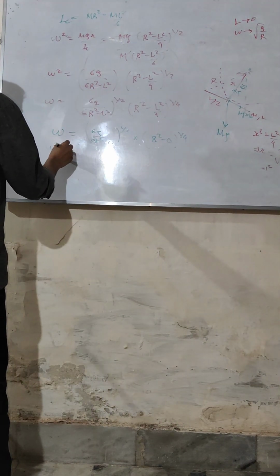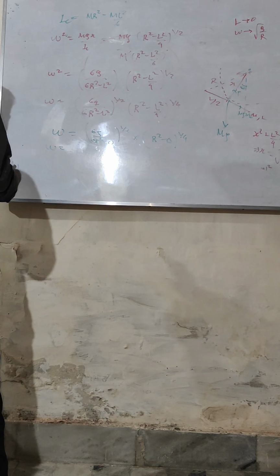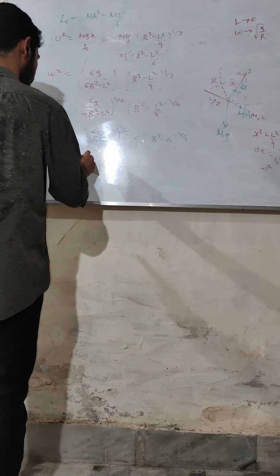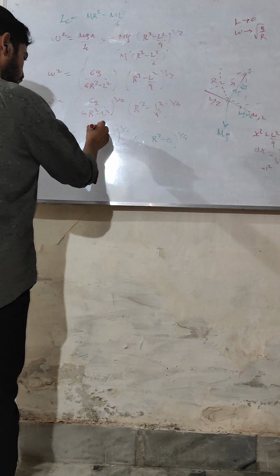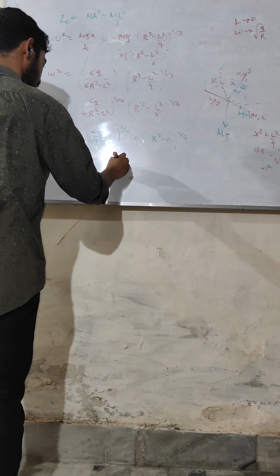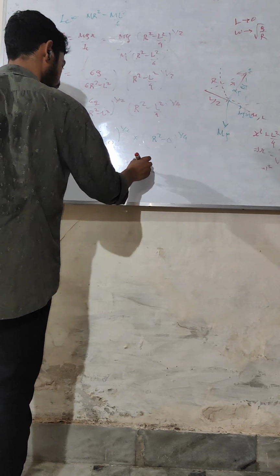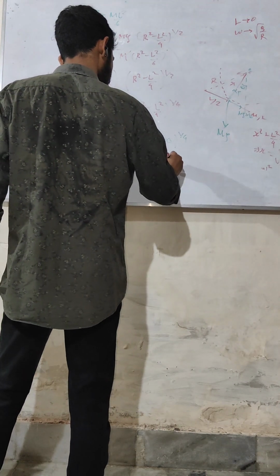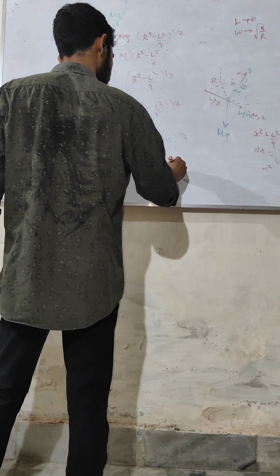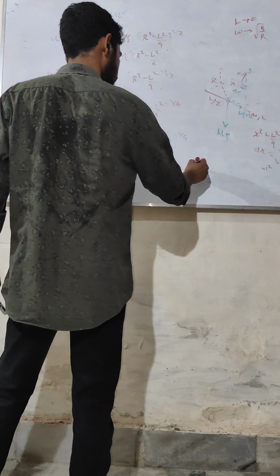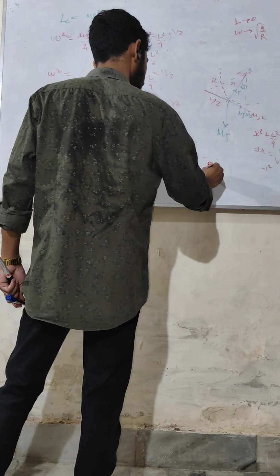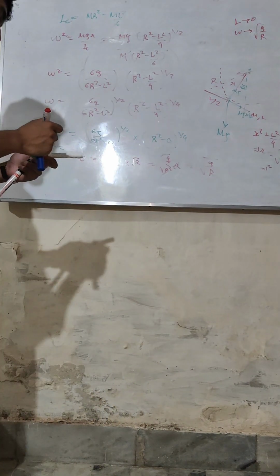So basically your omega becomes equal to square root of g by r squared multiplied by square root of r. So that means you just have g by r squared multiplied by r and r cancels, and you get square root of g by r.